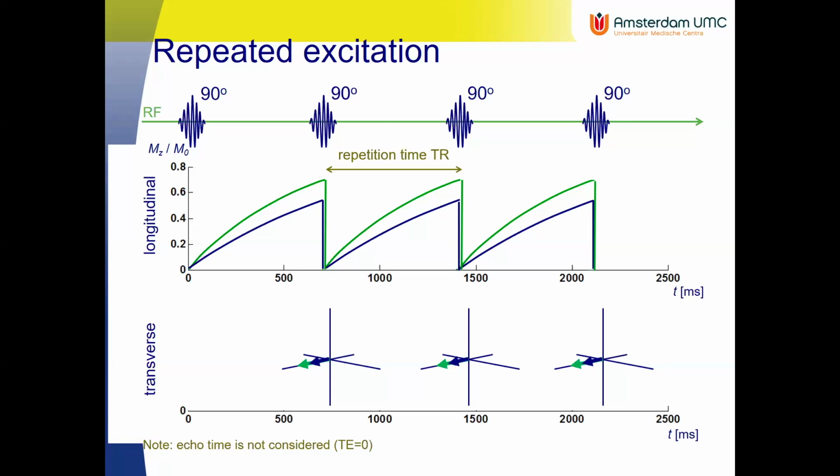And the transverse magnetization also has a decay curve, which is actually T2. But I didn't talk about T2 yet. So that is why the bottom half of this slide isn't properly filled yet. And it's just showing that there is a transverse magnetization. It is different for the two different tissues there.